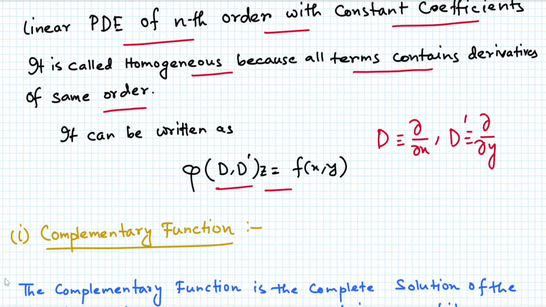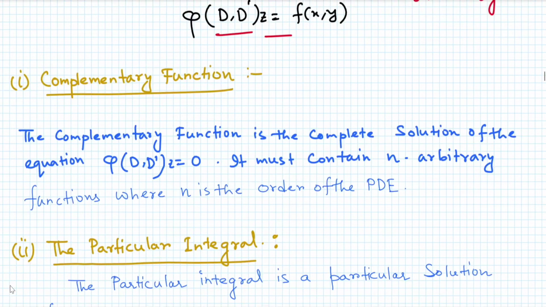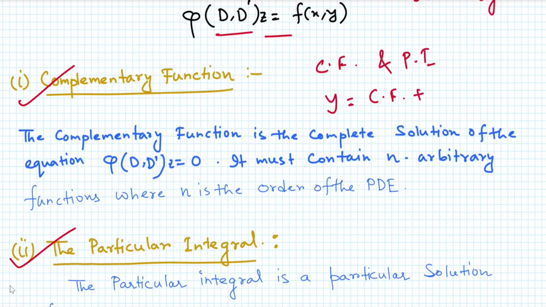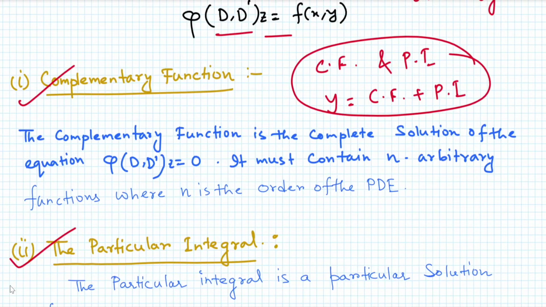Before going to the solution, two important points: the complementary function and the particular integral. We all know that for a differential equation with constant coefficients, to write the complete solution we need these two, the CF and the particular integral, and the complete solution is y = CF + PI for an ordinary differential equation. In the case of a partial differential equation, the process is also the same.